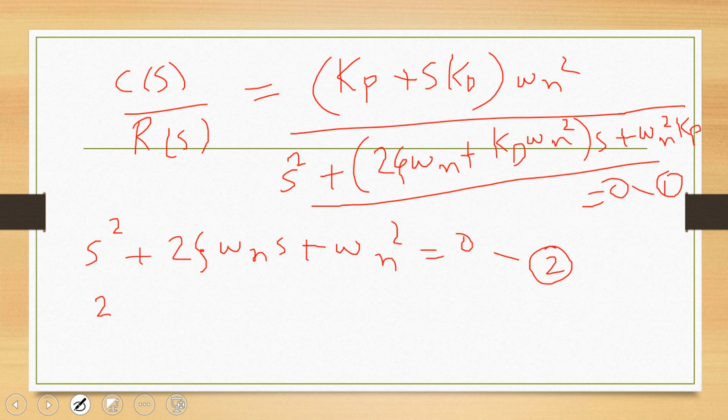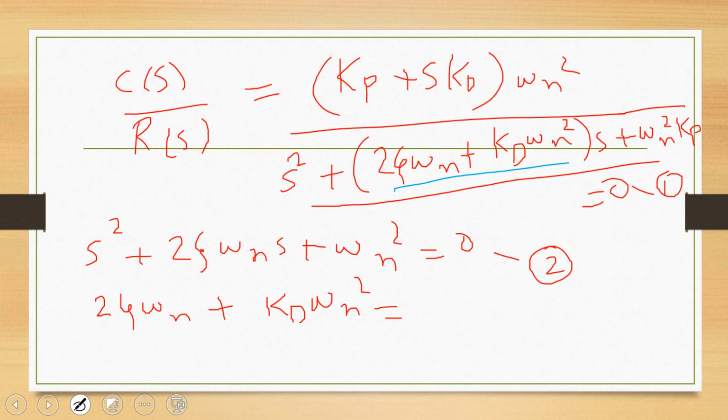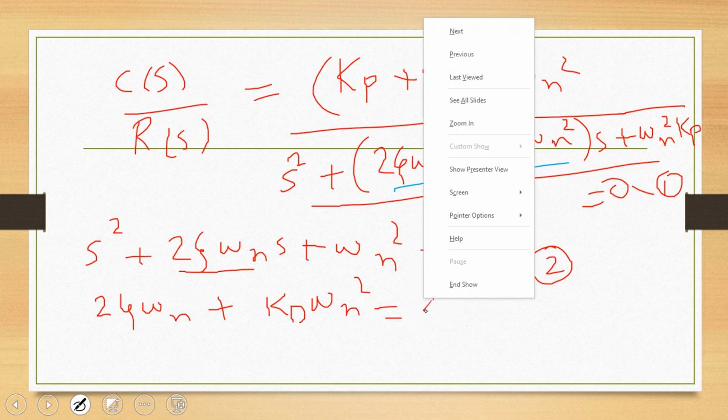So what I get is 2 zeta omega n plus Kd into omega n square, which is this term, is equal to this one.